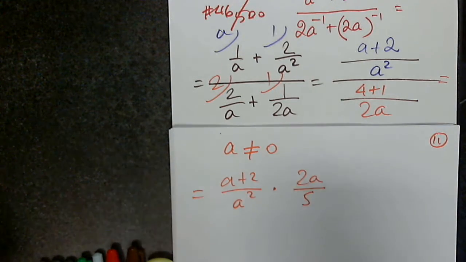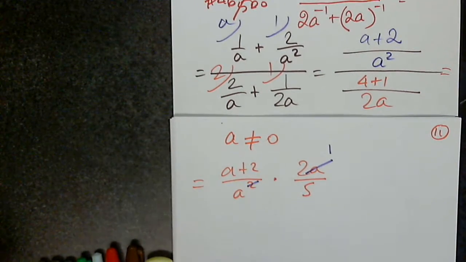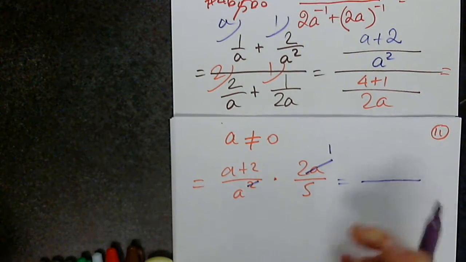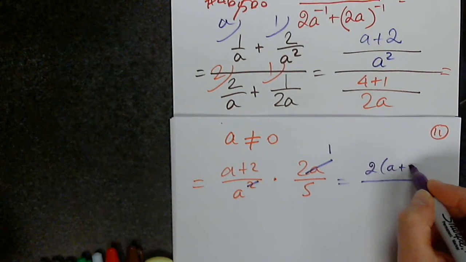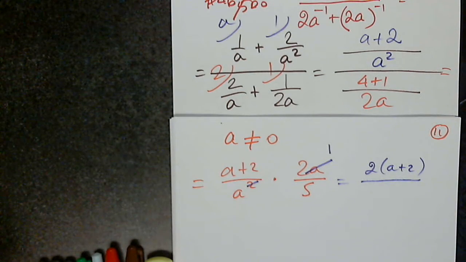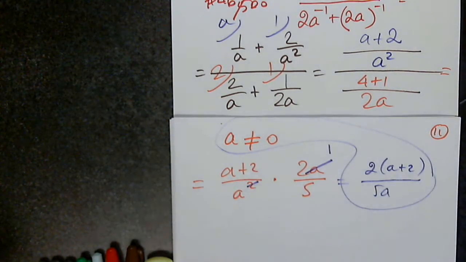A squared. Why, yes. 1a with 1a from here. So the numerator is A plus 2, times 2. Good, so 2 in front. A plus 2, and the denominator is 5. Very good. Of course, assuming that a is not 0. Let's go to equations now.